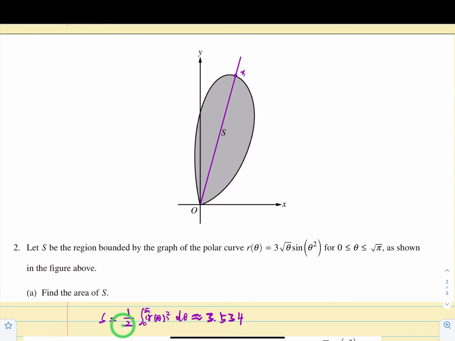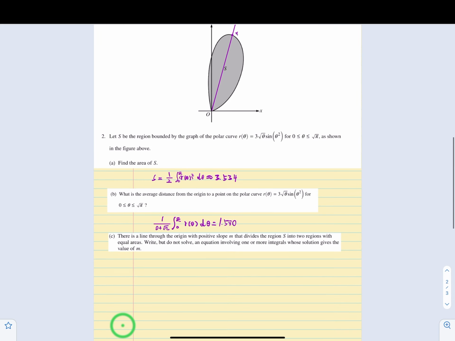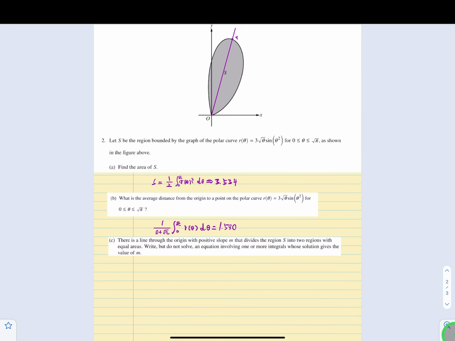If I want to find this, first I'm going to make an integral like this: the integral from 0 to x of 1/2 of r(theta) squared d theta will equal half of the whole area.